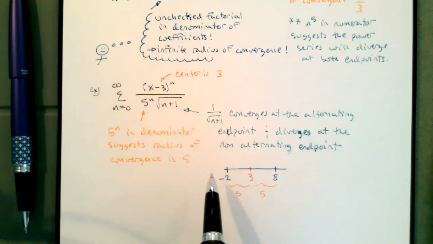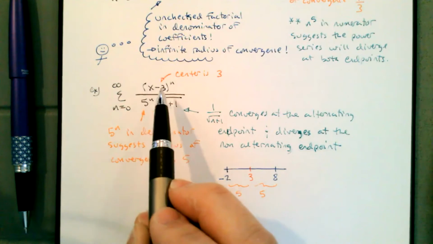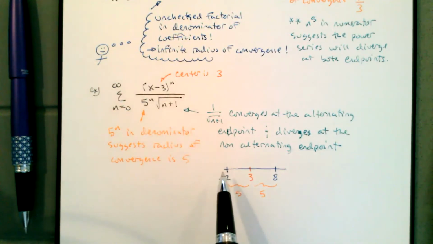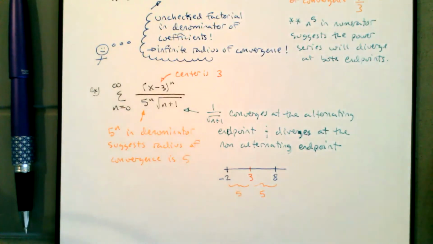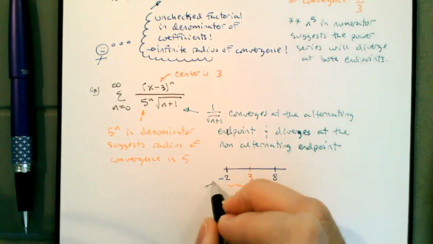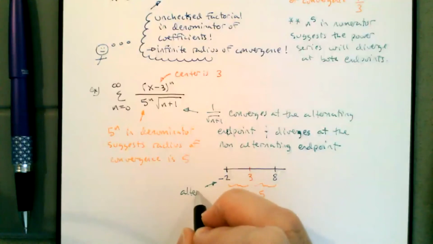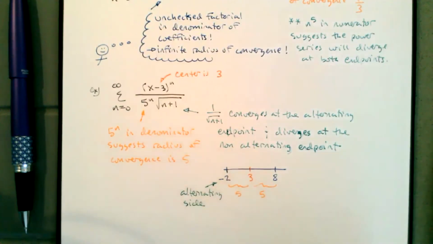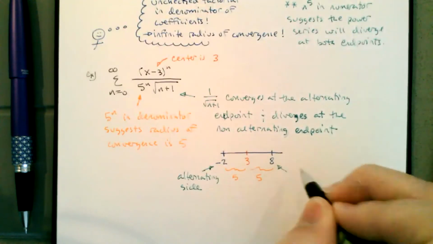Then we check the endpoints. At -2, we have -2 minus 3, which is -5, to the n over 5 to the n. So -2 is the alternating endpoint, and 8 is the non-alternating side.